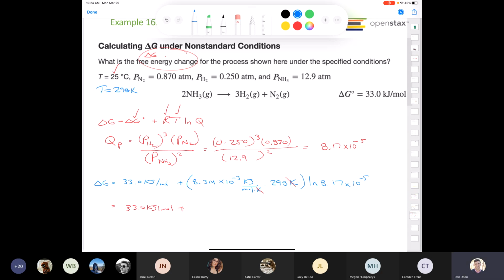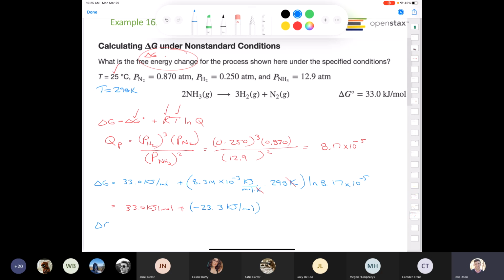All right, so let's see here. If you take 8.17 times 10 to the negative 5, take the natural logarithm multiplied by 298 times 8.314 times 10 to the negative 3, you get negative 23.3 kilojoules per mole.